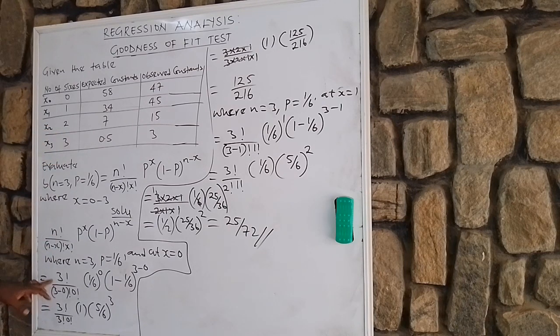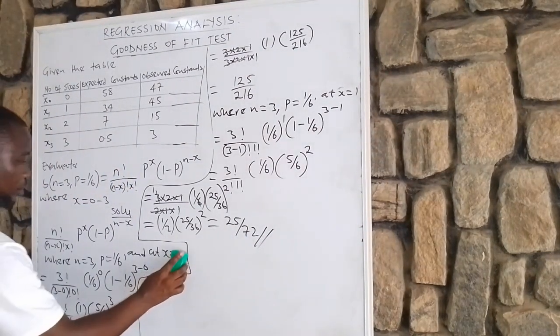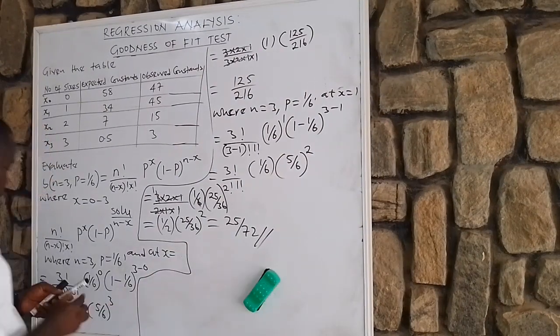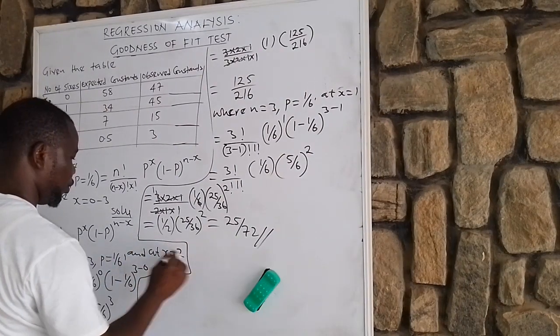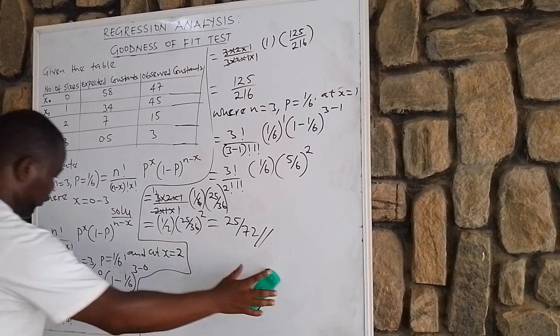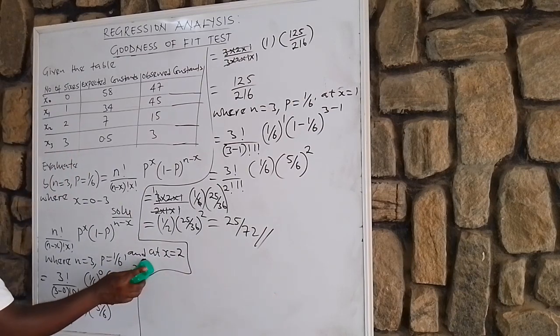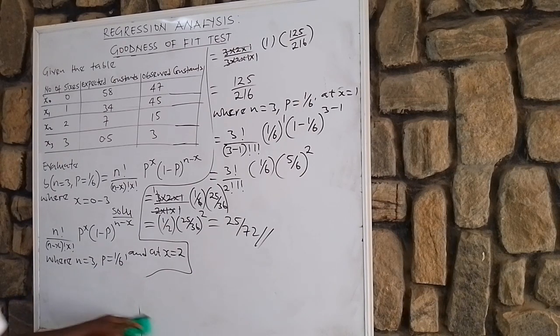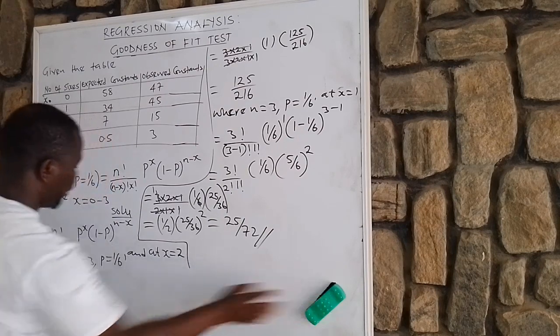Then let's consider at x equals to 2. Can we clean this part? You can clean this part, right? So here we change it to 2. No more 0. So at x equals to 2, let's try this again. It's the same way, but just that the x value will vary. Is that clear?